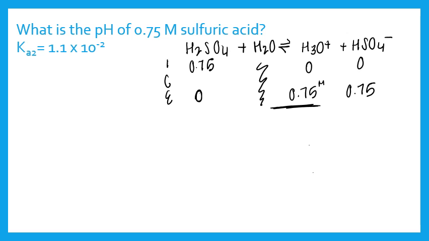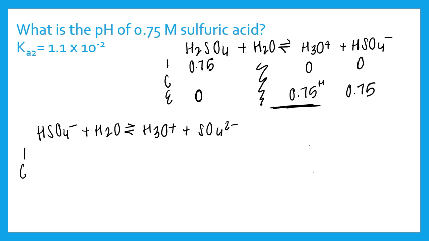Now, the next thing we have to do is look at the second dissociation. So we have to use HSO4 minus plus H2O yields H3O plus and SO4 2 minus. So we're going to do an ice table here. Initial of this, we have 0.75. Again, we can ignore water.